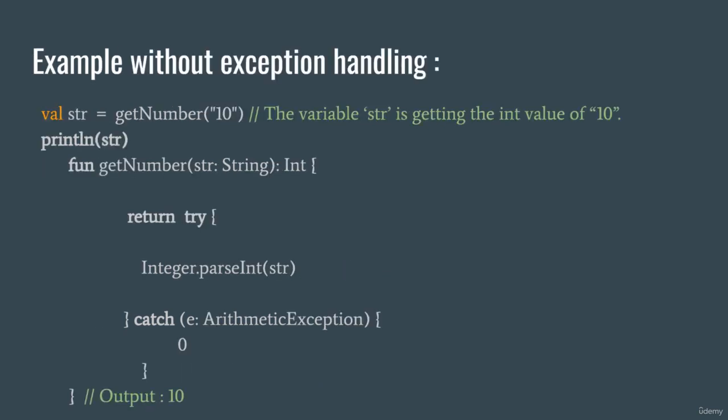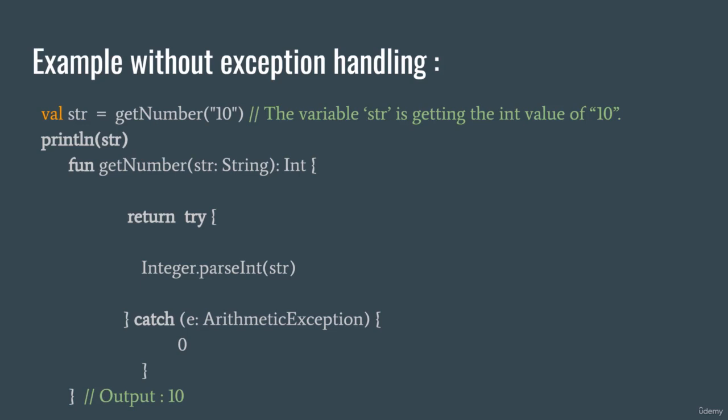All right, examples without exception handling. So in this case, we have exception handling written ourselves, so try and catch, but the exception never arises because the problem doesn't appear. So here, for example, we use value string get number. So we use this function get number, and we have a value of 10 there. So the variable string is getting the int value of 10 and then making a string out of it.